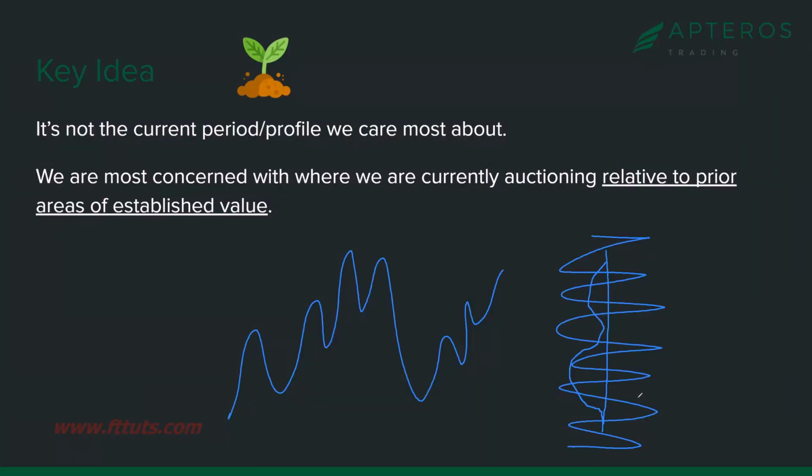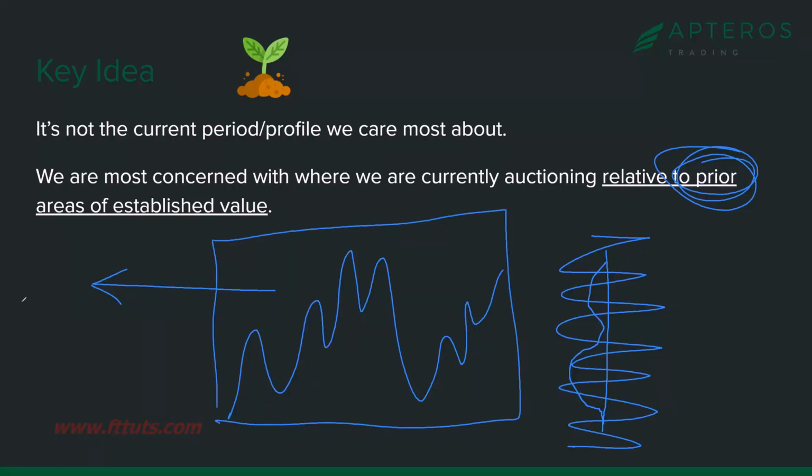I look left. I look at the prior areas of established balance and then simply where price is in the current period, auctioning relative to where that value was. Extremely important.